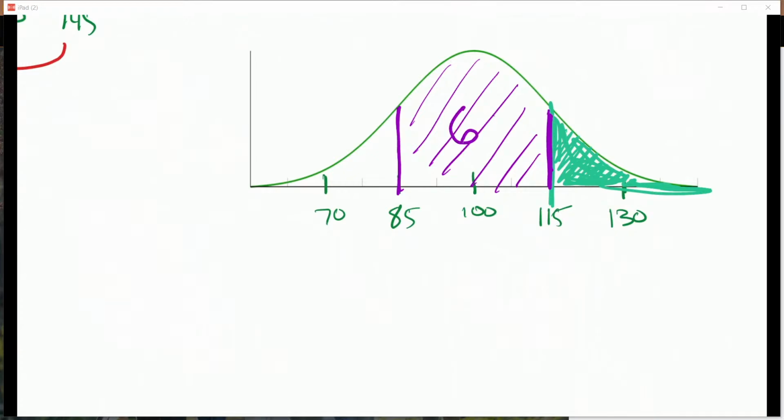So this is going to be 68%. Now see if you can figure out how you're going to use that number to figure out what this number is, all the way out there. Take a minute, see if you can work it out. If you can't, I'll help you, don't worry. There's a couple ways to do it. That's the reason why I'm hemming and hawing.